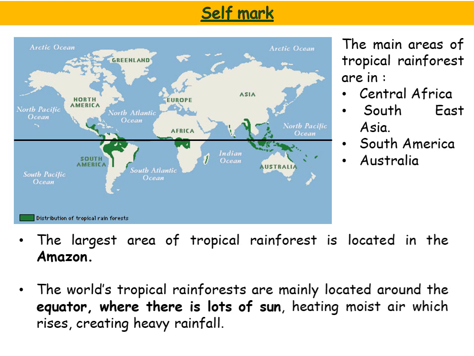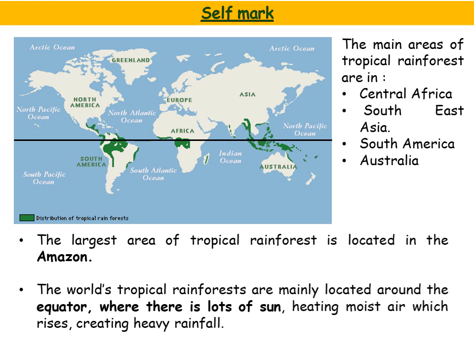The largest area of the tropical rainforest is located in the Amazon. This is found in South America and it's the largest tropical rainforest in the world. The world's tropical rainforests are mainly on the equator, which is the big black line that's running through the map.